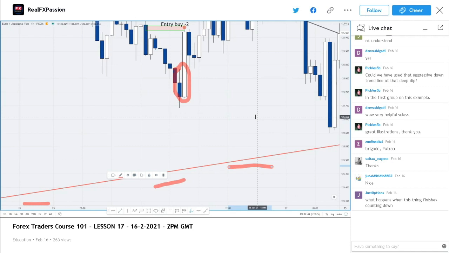I'm personally risking 0.25, so I'm risking half of 0.5%. Everybody, it's up to you, but I would say 5% per trade is way too much. Professional money managers risk 1%, 0.5% per trade. Everybody, not 5%. 5% is too much.